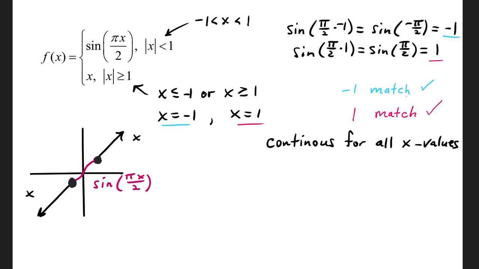So let me write in here that's 1, 1, and then this other point is negative 1, negative 1. You can tell that those two pieces do in fact connect, and so this is a continuous function.